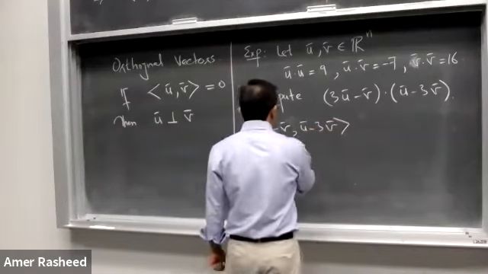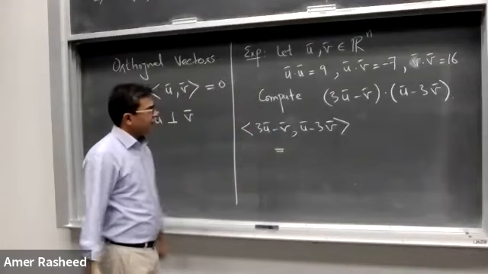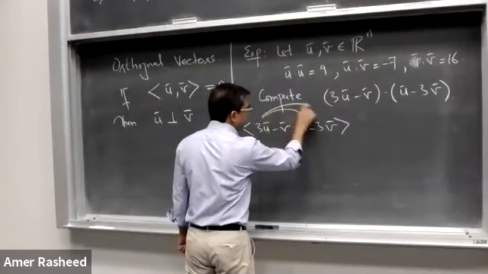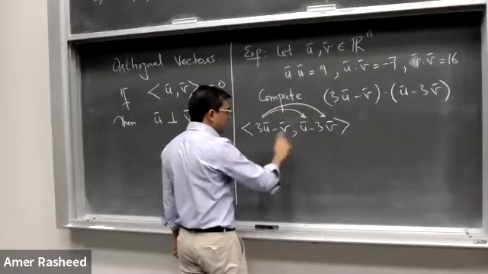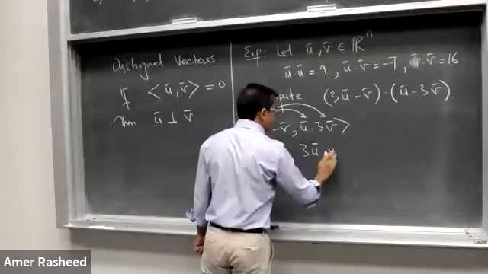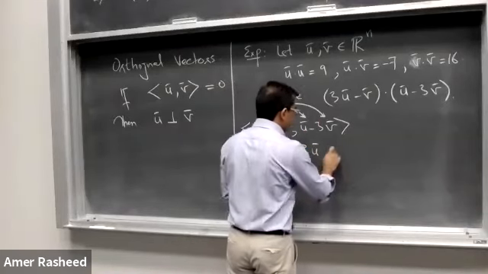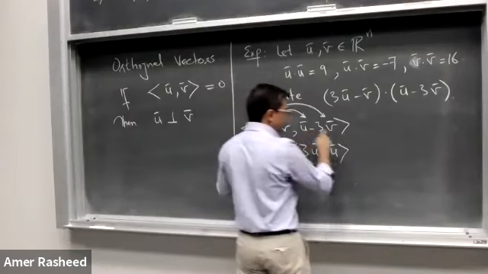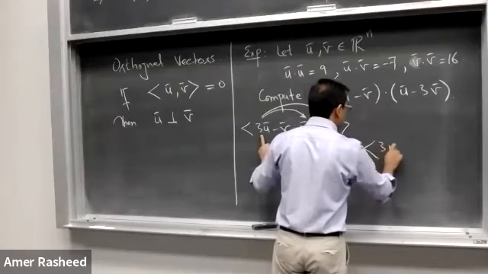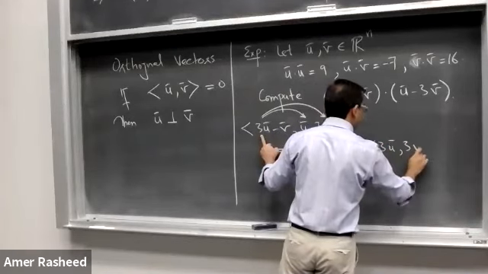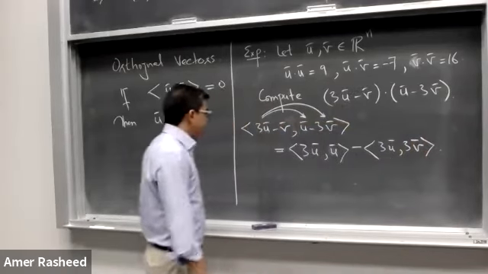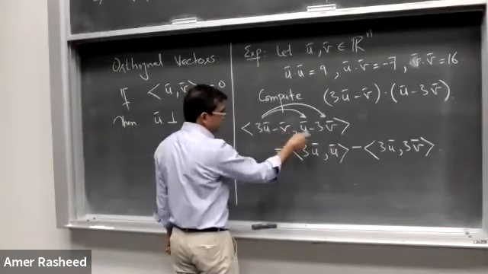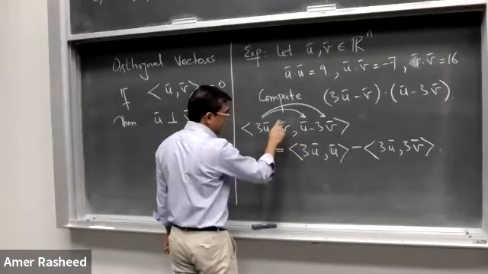So I told you, how can we write this inner product? You take the inner product of first vector with first, and then first vector with second. So 3u inner product u, and then 3u with the 3v with the negative here, so we have negative 3u comma 3v. These are the inner products with the first vector. Now we take the inner product with respect to the second vector.